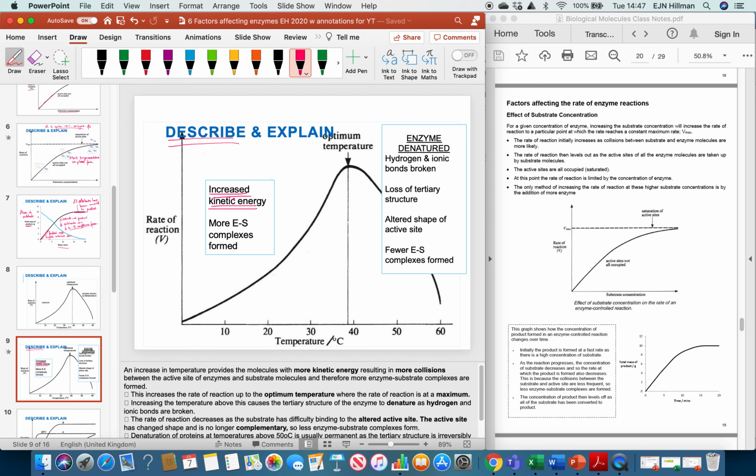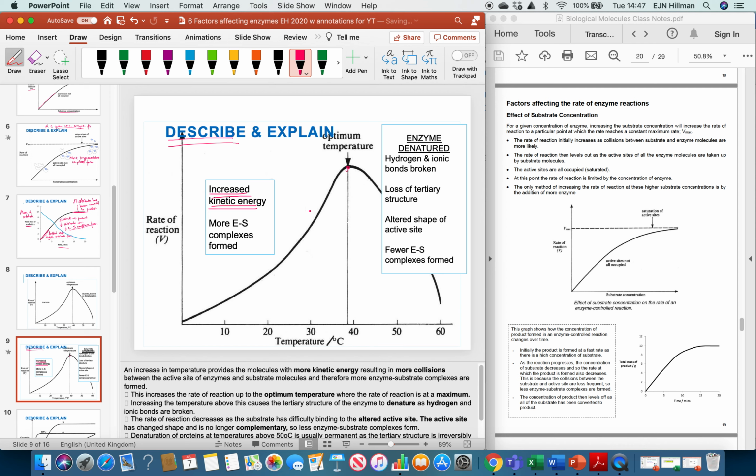So with increased kinetic energy, we get more enzyme substrate complexes forming, and therefore the rate of the reaction increases. Now this continues to increase up to that optimum temperature.